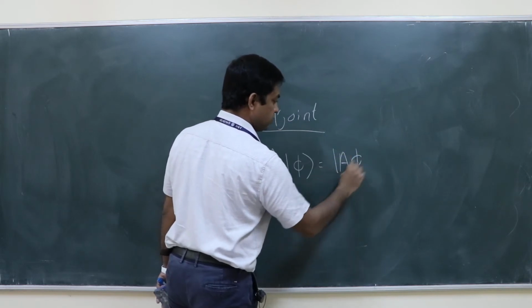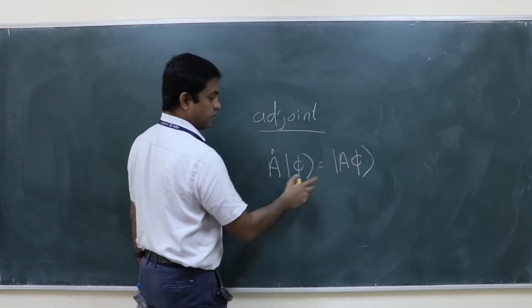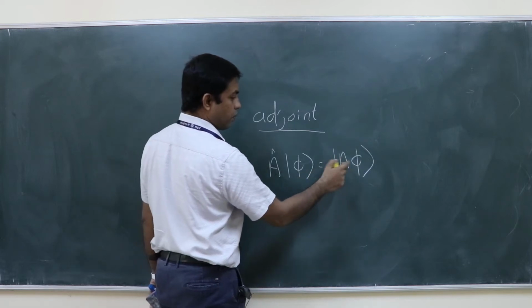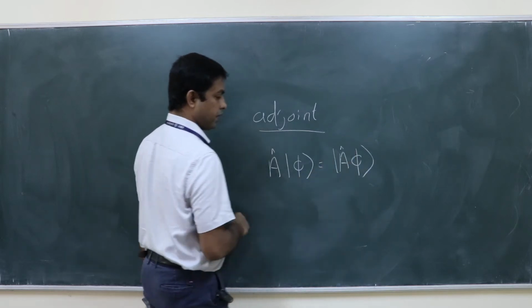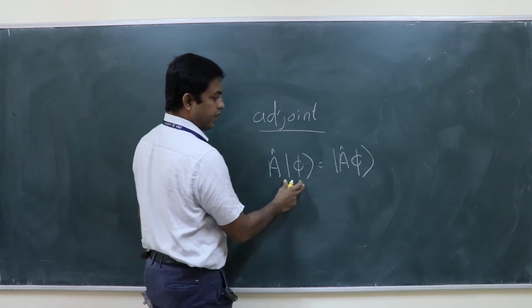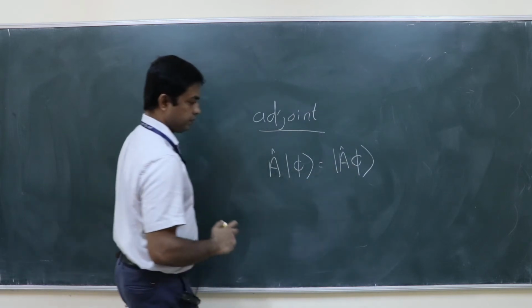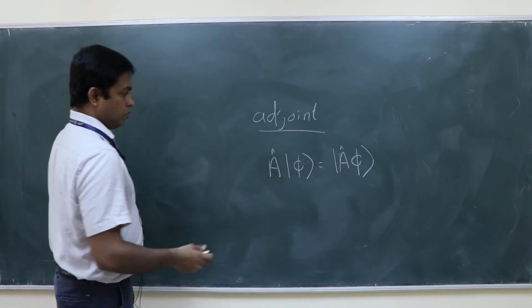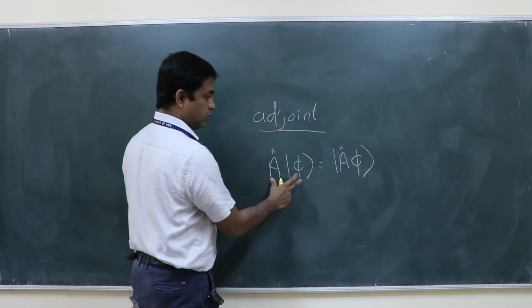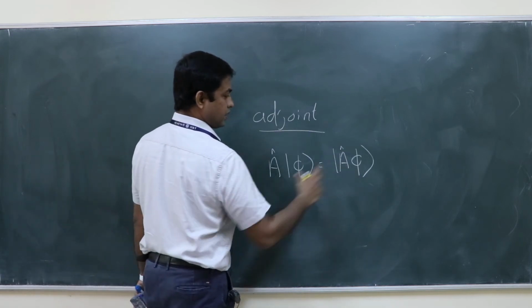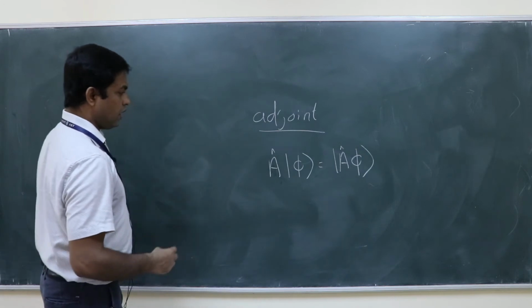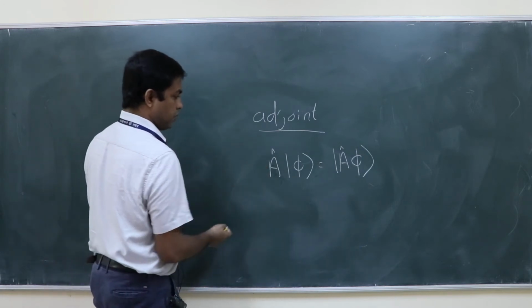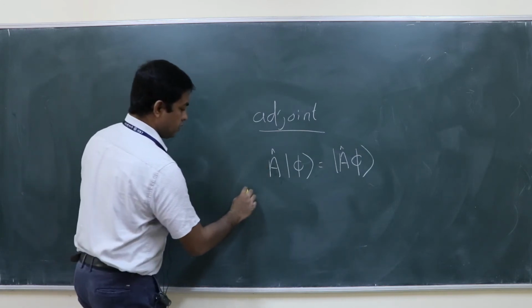If you want, you can put a cap here. So A acting on ket phi, obviously this is a new vector, right? I am just representing it in vector form. Now take any other vector in that vector space.